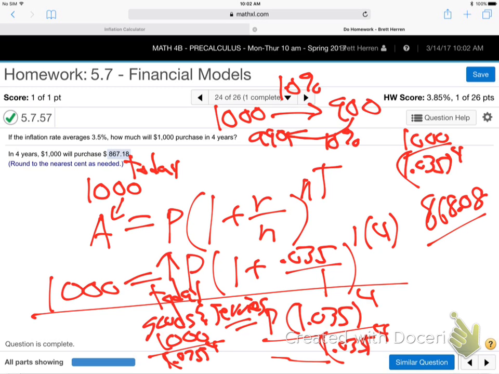Oops, it's off the screen there. Here, I'll move it over. 868.08. That's really the lower amount of goods and services that will grow to become $1,000 in 4 years, right?